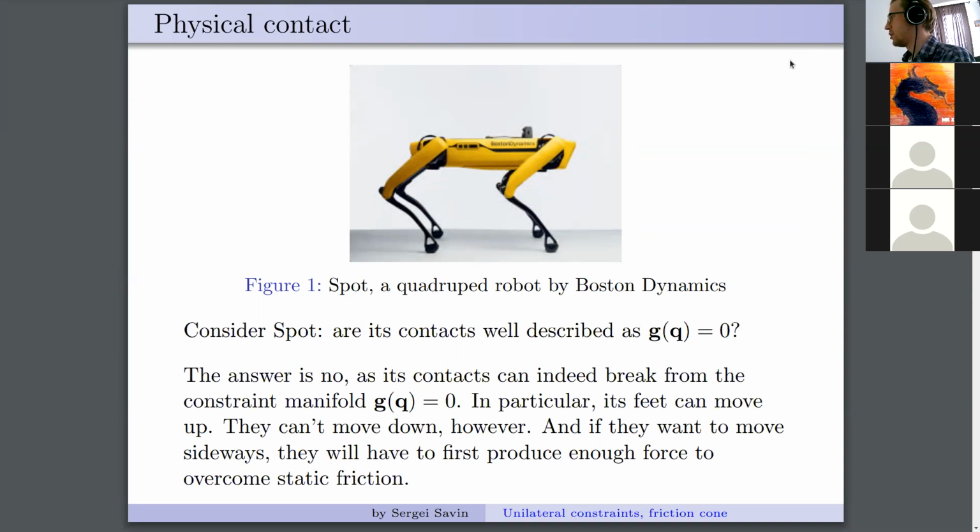Well, the answer is no, because what does this equation say? It says that some quantity is being preserved throughout the whole motion of the robot's body. So no matter what the robot does, this quantity is going to be equal to 0 continuously. It doesn't matter, by the way, if it is equal to 0 or some other constant.